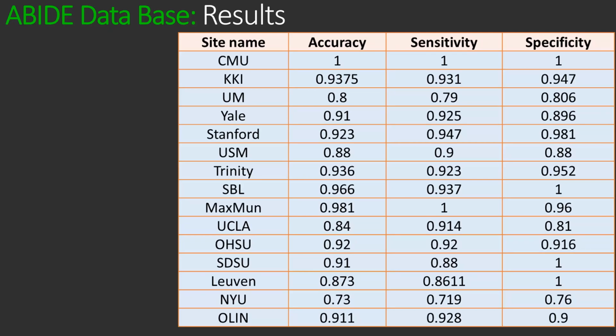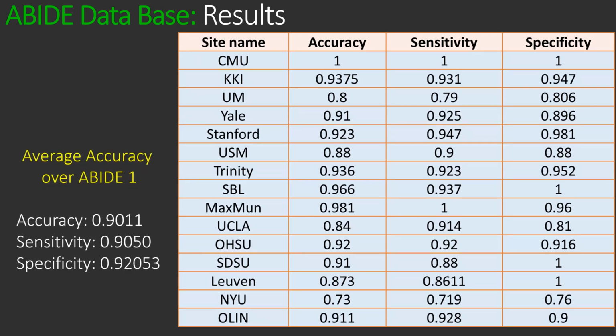So we got some data from Yale, Stanford, UCLA, and Carnegie Mellon, and we sent them the accuracy of our system at each site, because this is another step toward FDA approval, to test on data collected from multiple centers. The third step now, for the FDA, is to test our approach on data collected from different countries. So right now we are working to get some data from China and the Middle East.